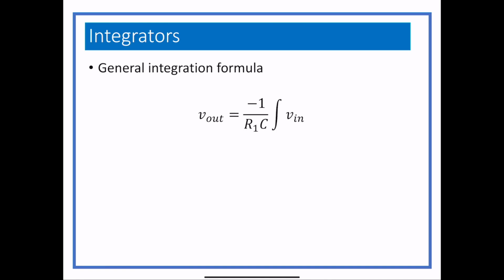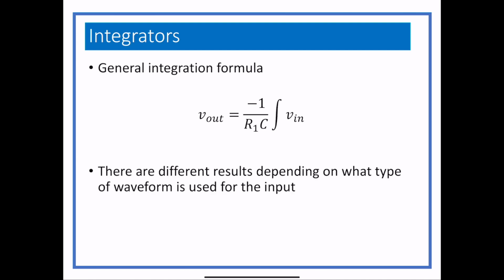A general formula to integrate is just minus 1 over R1C times the integral of whatever Vn is. That's how we determined what the gain was and the 0 dB gain and all that. So that's going to be what raises or lowers the value. And we get different results depending on what kind of waveform we use.